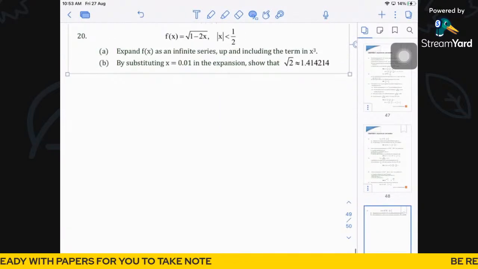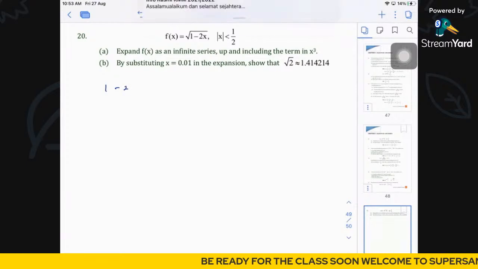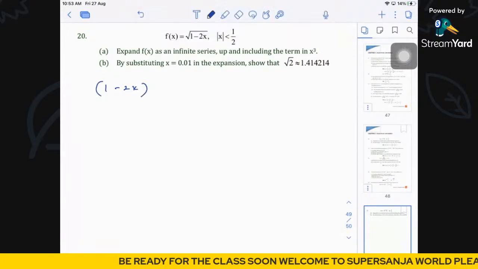Here. One more. So if you look over here, infinite terms. So no problem, you can expand this. 1 minus 2x, this is power of half.